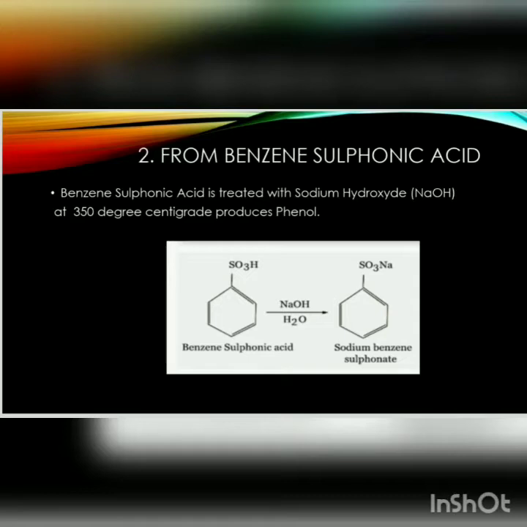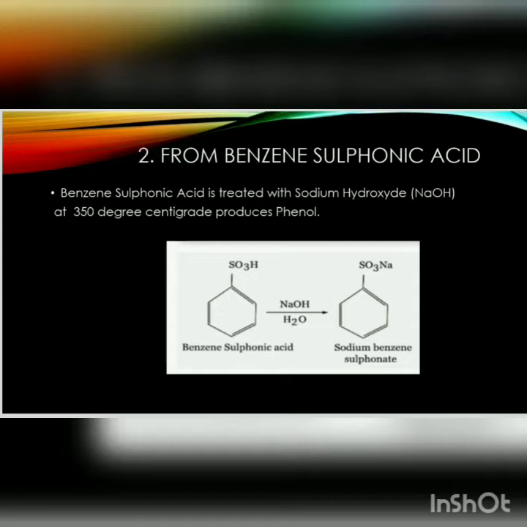Next one is from benzene sulfonic acid. Benzene sulfonic acid treated with sodium hydroxide, that is NaOH, at 350 degrees centigrade produces phenol. In the reaction, benzene sulfonic acid is first treated with sodium hydroxide, so we get sodium benzene sulfonate.